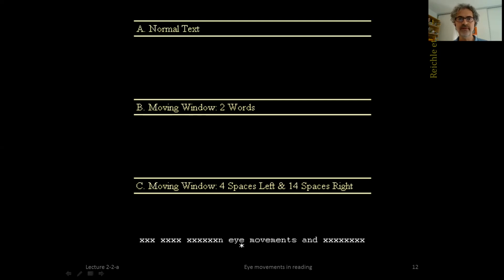Well, if replacing a letter with an X slows you down, this means that you were using that letter and replacing it with the X has disrupted your reading. So, if presenting only one word slows you down, it means that you were actually retrieving information from additional words before, and that's why you were reading at that speed.